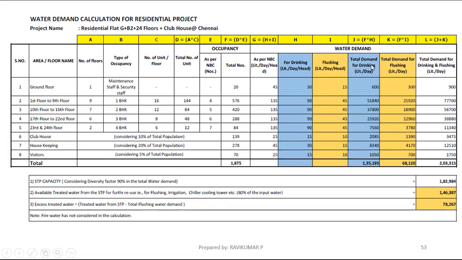So the total demand for drinking and other domestic purposes is 1,35,195 liter that you have to give for this project, approximately 135,000 liter.